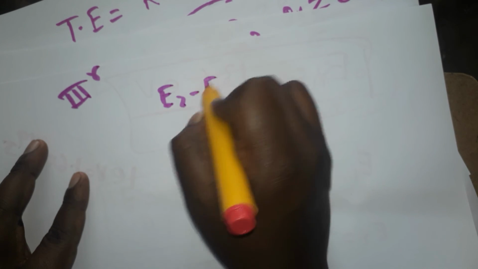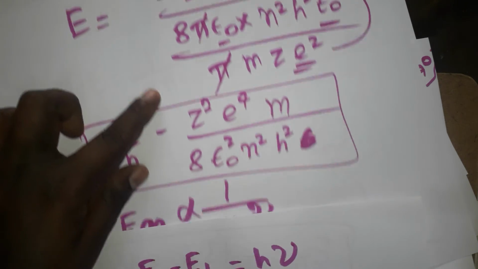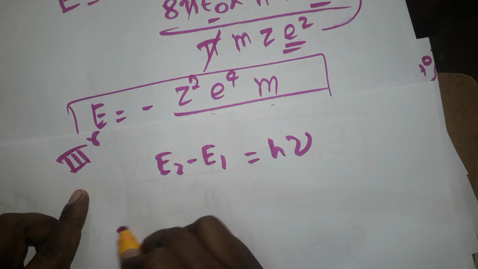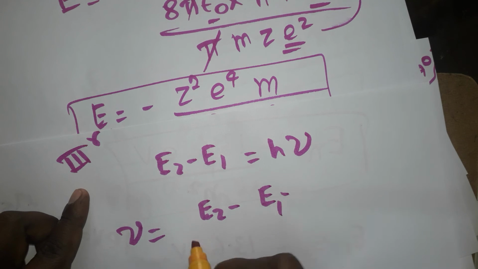Next, the final one: what is the wavelength when the electron jumps from one orbit to another orbit? I take the third postulate of Bohr's theory, E2 minus E1 is equal to h frequency. So frequency is equal to E2 minus E1 divided by h.